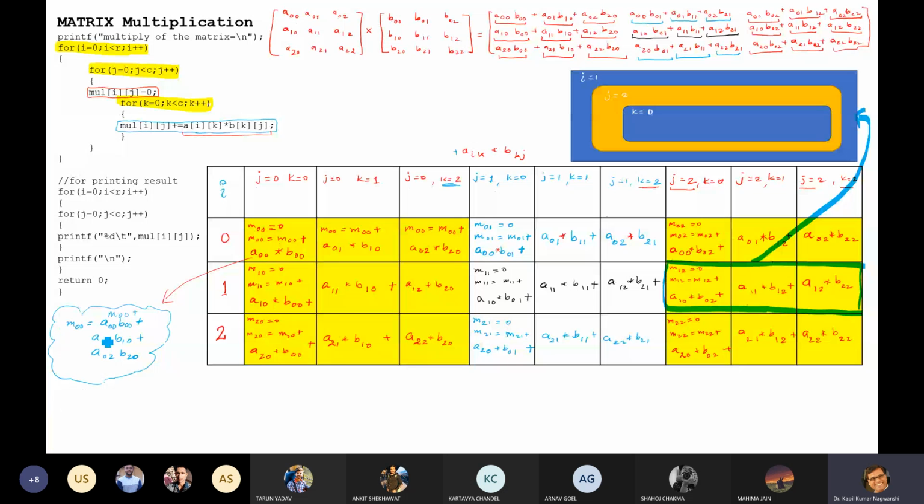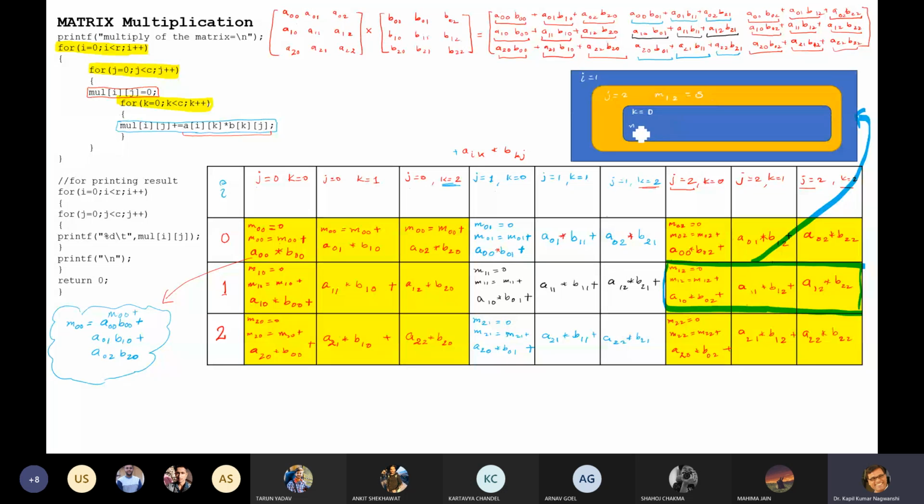Here k equals 0. For k equals 0 up to j equals 2, what happened? What is the value of m? Multiplication. What is written here? Ij. So what is the value of I? I is 1 and j is 2. That is initialized to 0.